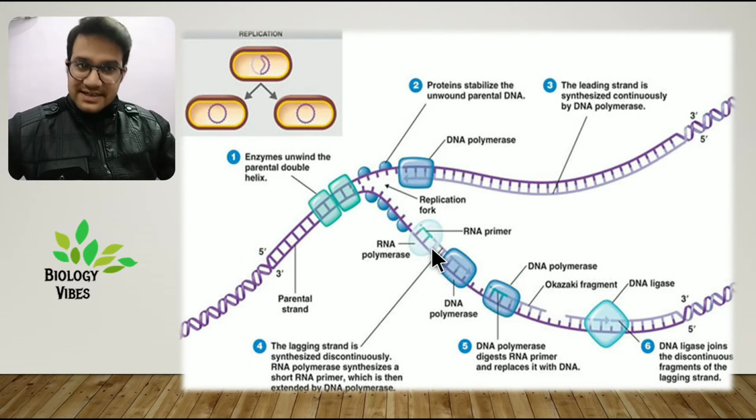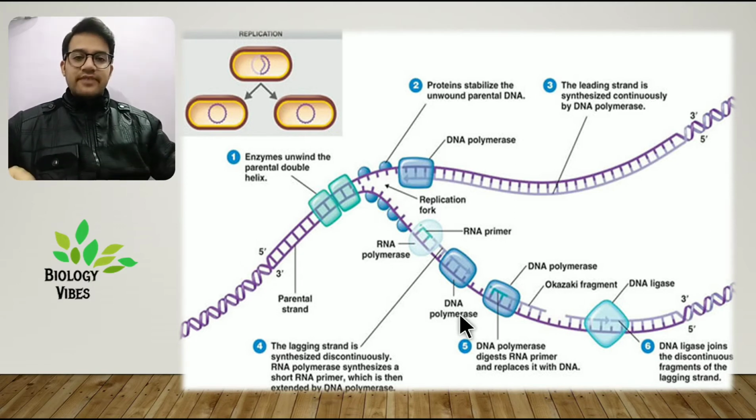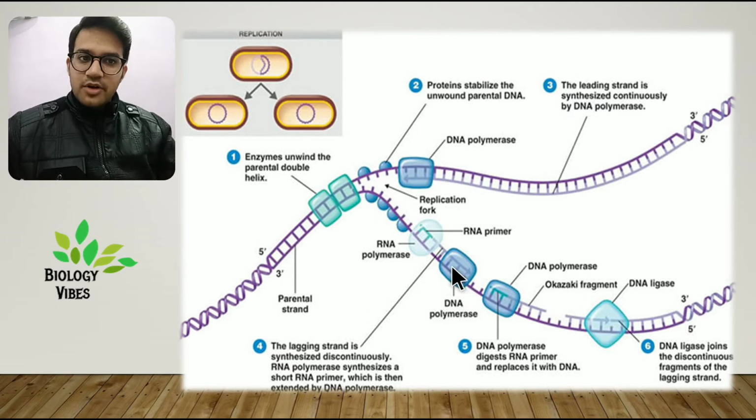So this is a little bit tricky portion. You have to understand that first the RNA polymerase comes and synthesizes the RNA primer. This will assist the DNA polymerase, giving a 3' OH end to it, and this DNA polymerase will extend the chain, and then DNA polymerase will chew up this RNA primer and extend the DNA.